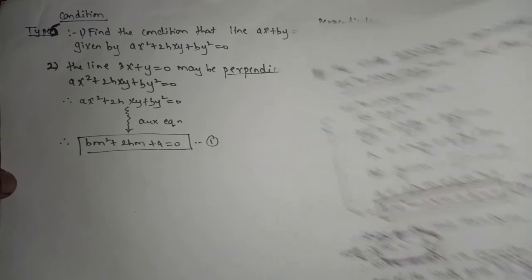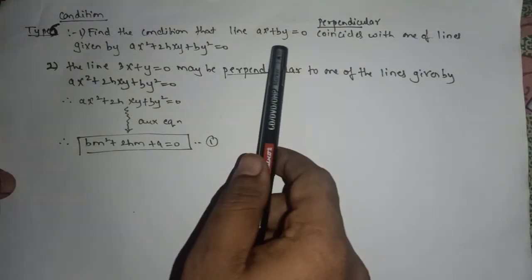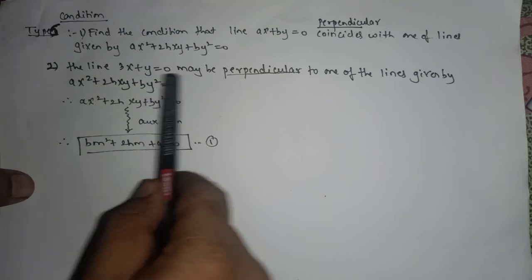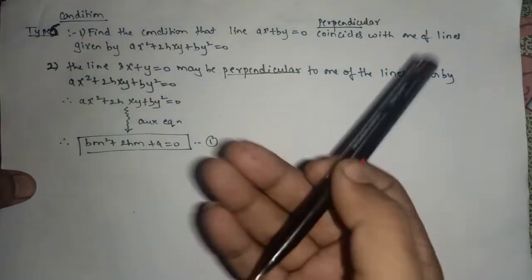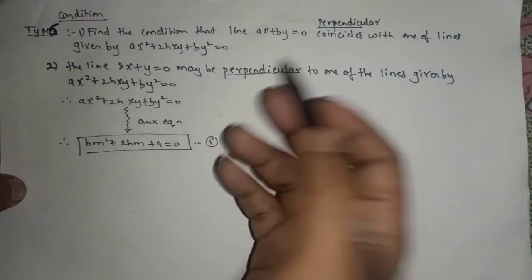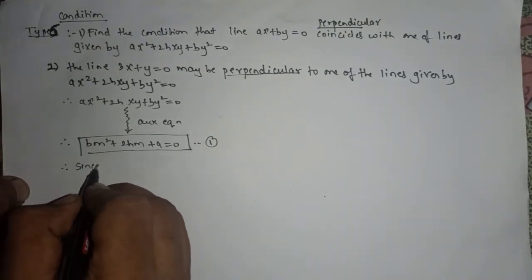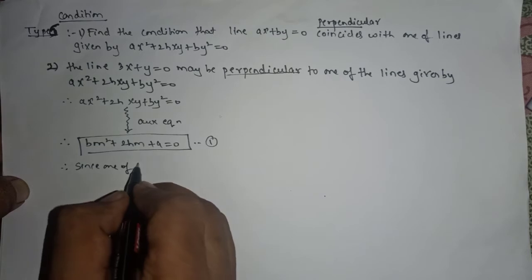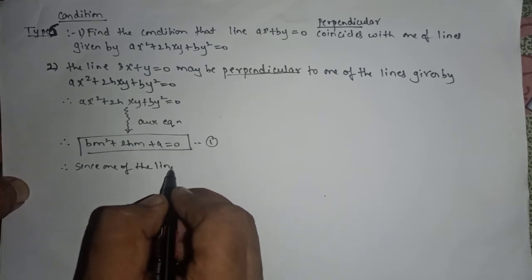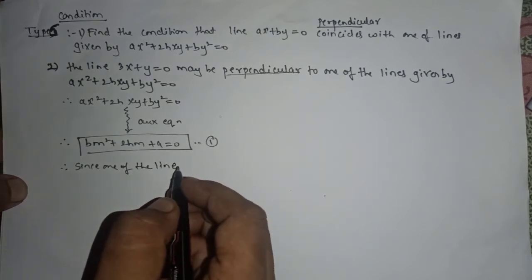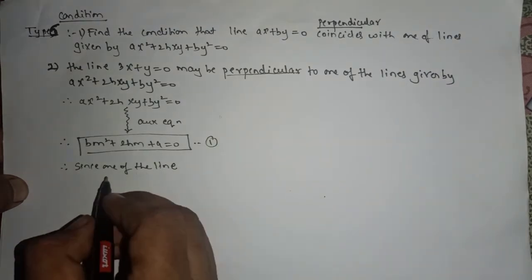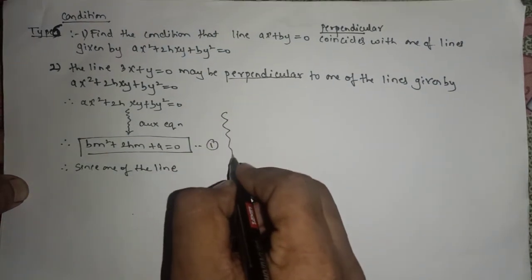After this, we know that a line is perpendicular. Consider that the line is perpendicular. Before that, we'll find the slope.